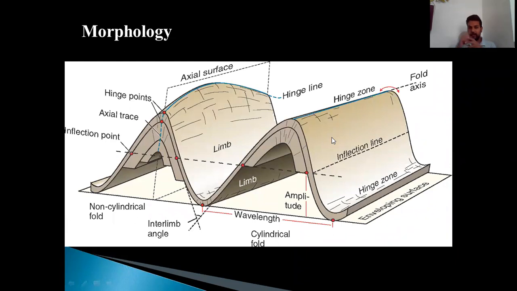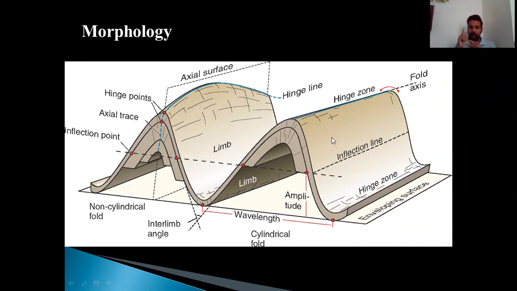You can see the red point over there. It is the point which shows the maximum curvature. Both crest and trough will have a hinge point. The line which joins all the points of maximum curvature is called the hinge line, and the zone is called the hinge zone.